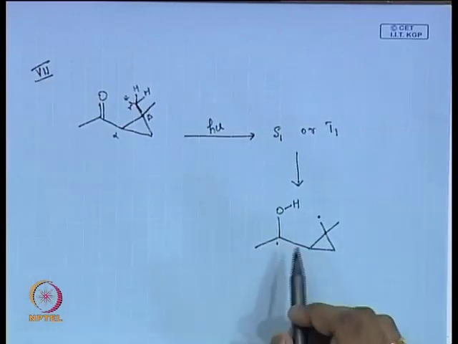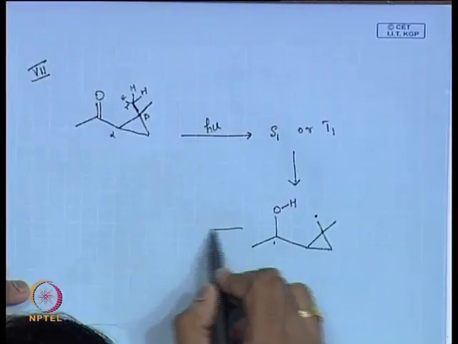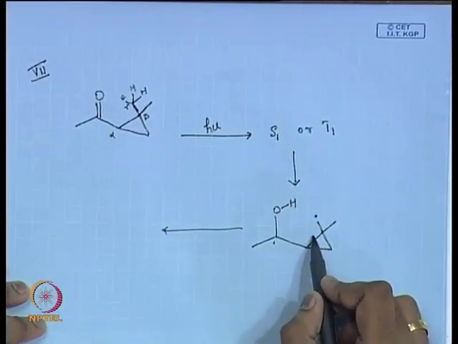So, I get again a 1,4 diradical. Now, what are you going to think about? Whether you are going to do a cyclization or you are going to do Norrish type 2. You want to do Norrish type 2 because the ring is strained. Want to cleave this.